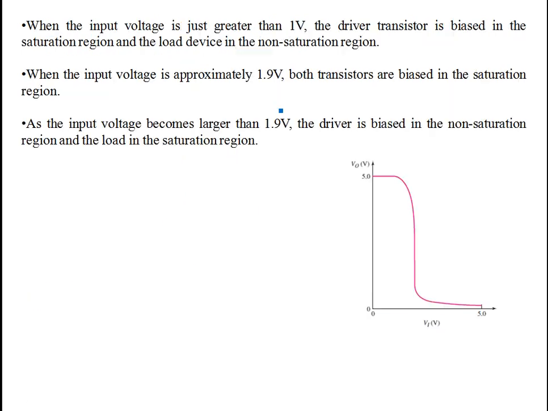So what happens is that when the input voltage is just greater than 1 volt or around 1 volt, the driver transistor is biased in the saturation region, and the load device is in the non-sat region.